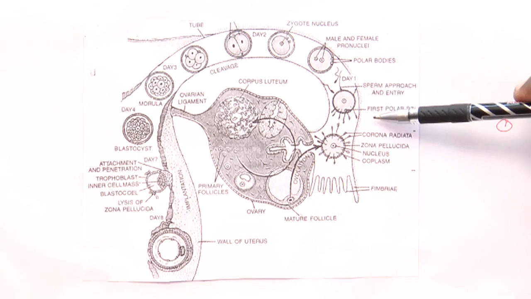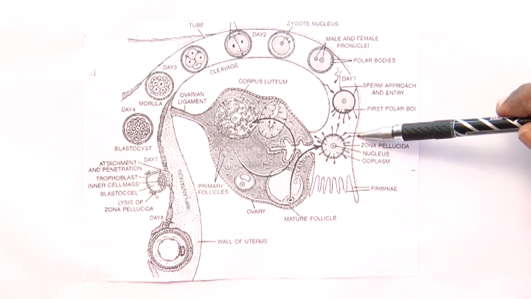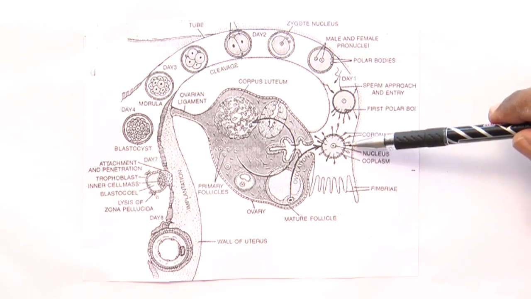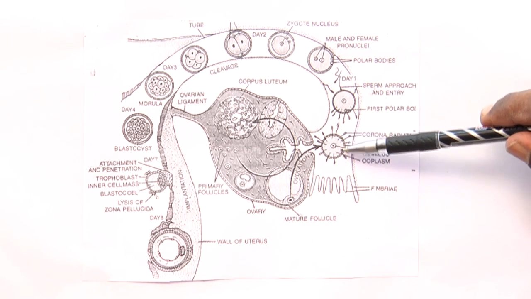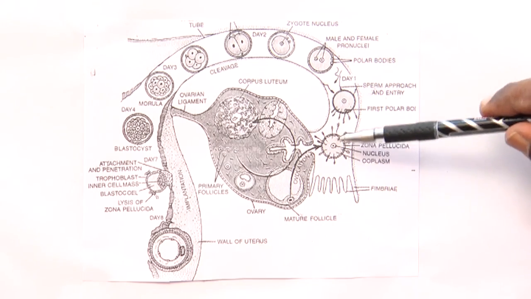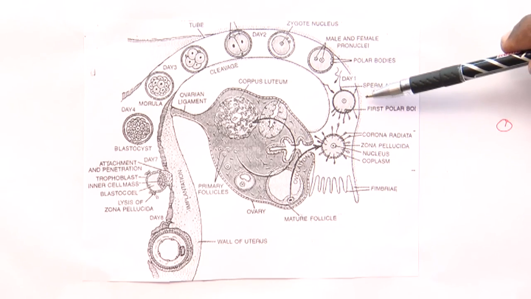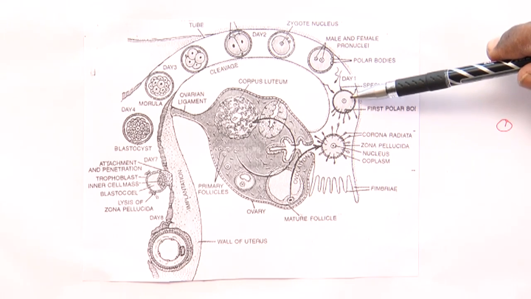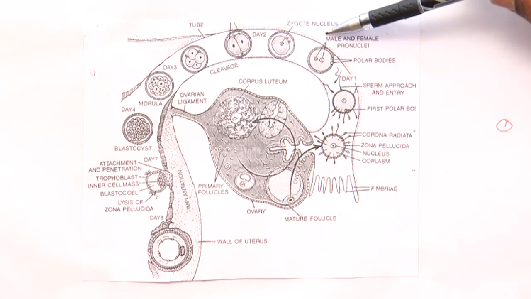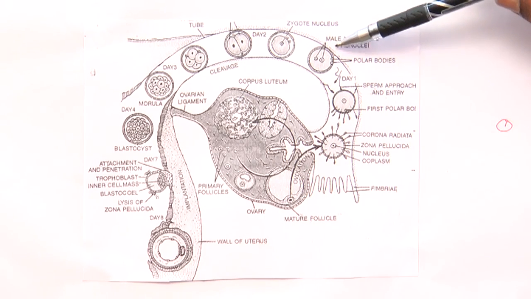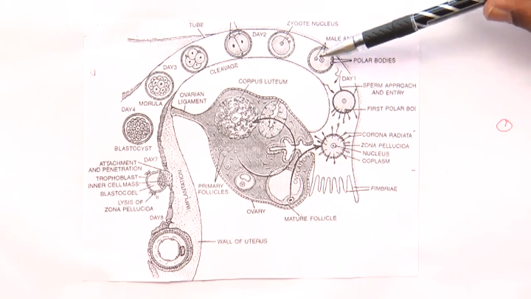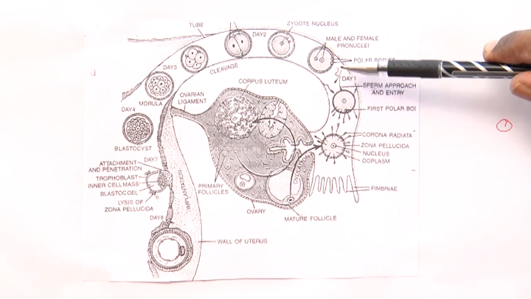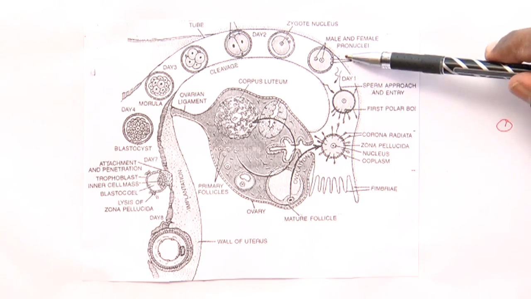And then it is driven inside the fallopian tube with the help of the ciliated cells which are present. Here you can see the corona radiata of the ovum, the zona pellucida, nucleus and cytoplasm. So this is the ovum. On day one, many sperm approach, and only one is able to penetrate. After shedding the middle piece and the tail, the sperm becomes the male pronucleus, and here is the female pronucleus.